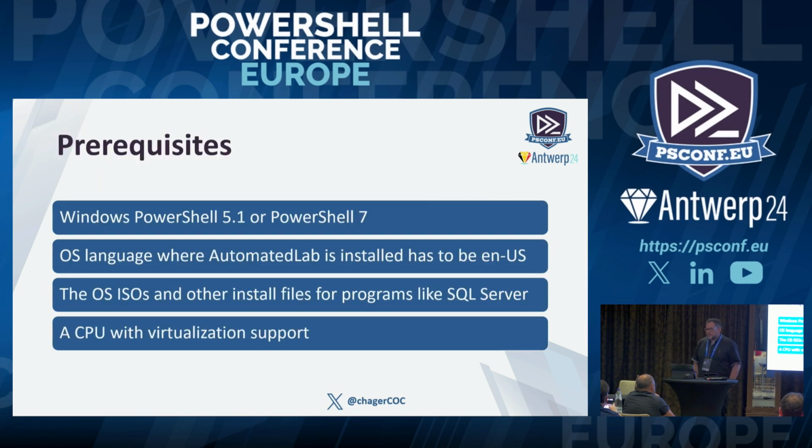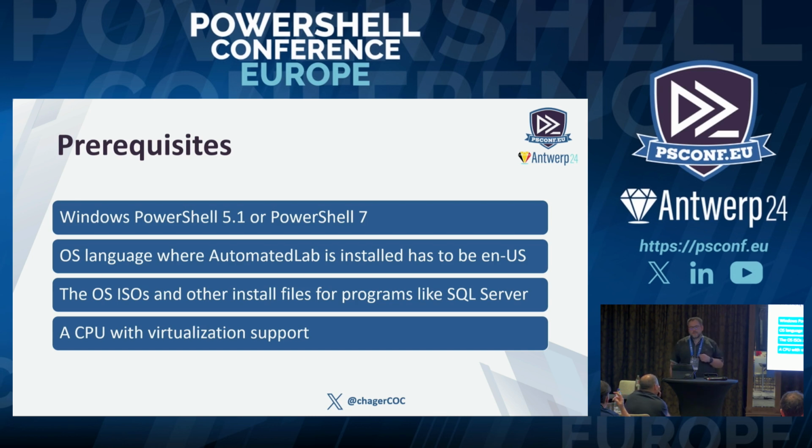So what are the prerequisites for using AutomatedLab? You have to have PowerShell 5.1 or PowerShell 7. In my example, I will use PowerShell 5.1 because I have some weird issue with Windows Server 2022. The OS language where AutomatedLab is installed has to be en-US.